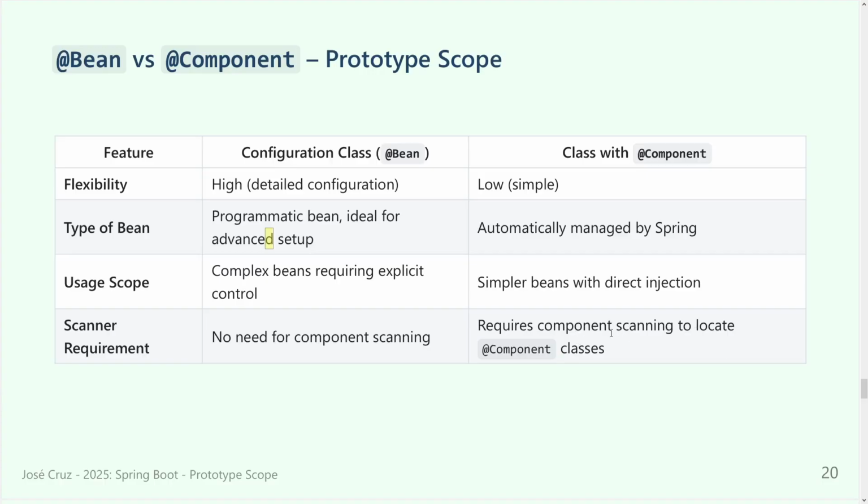Meaning the scanning is the activity that is performed when the Spring Boot application initializes. It will try to find all the components. Here, of course, the configuration class will also be scanned, at least the configuration class, but the beans will be addressed later.